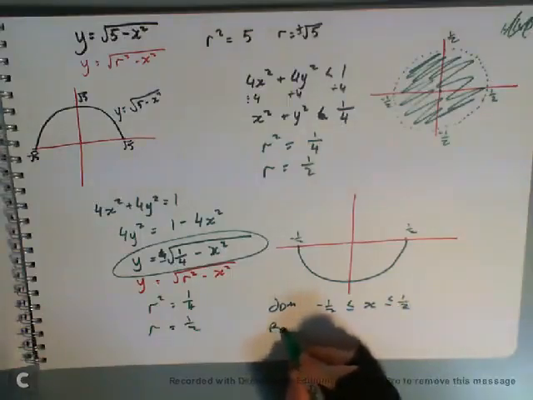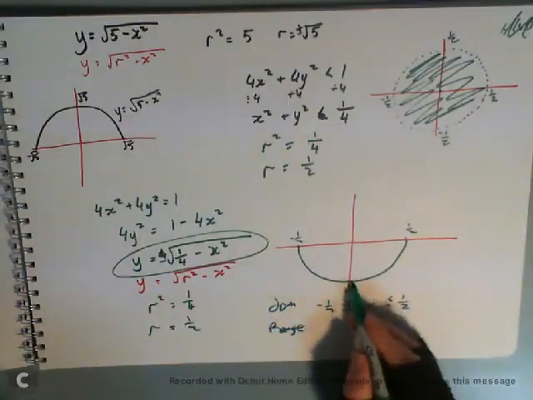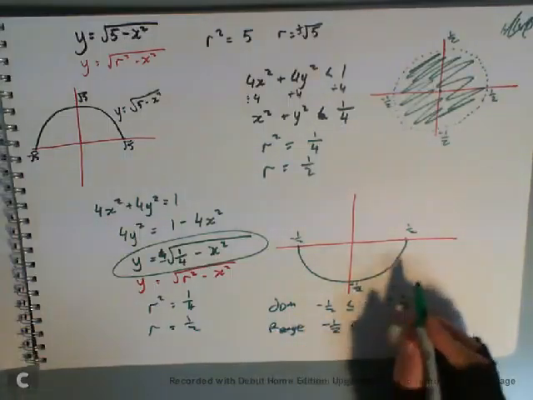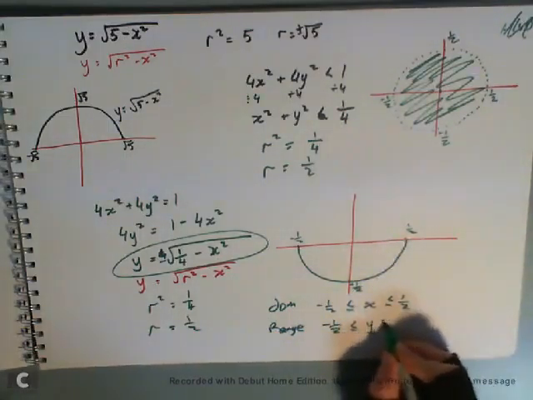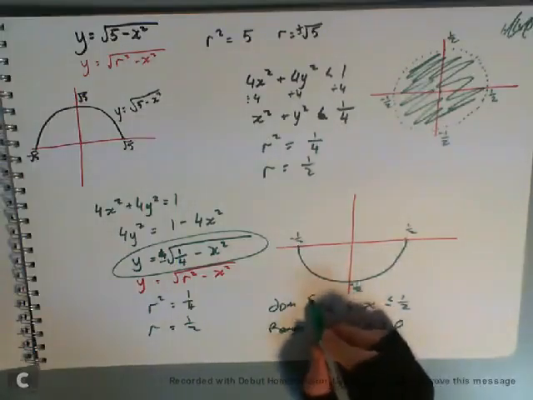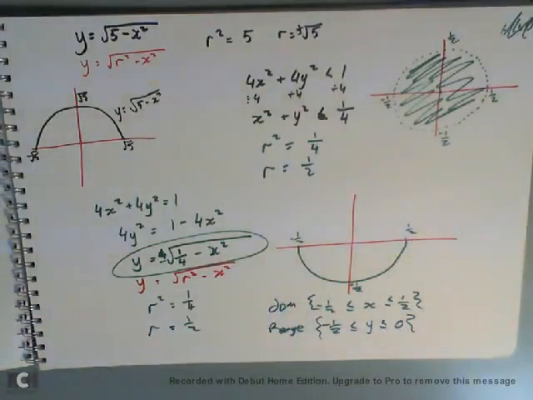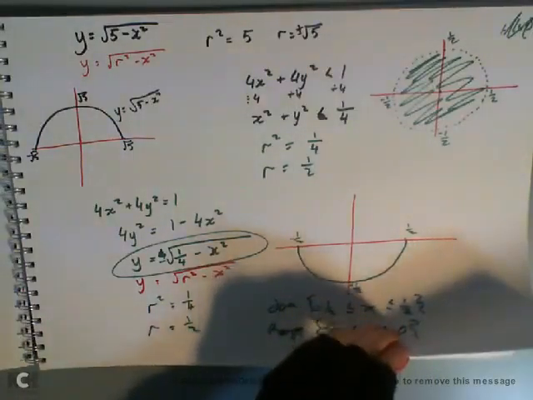Our range is going to be from minus a half up to 0. Okay, so domain and range are those two. So that's example 5, and we're going to have a look at tangents of the circles in a moment.